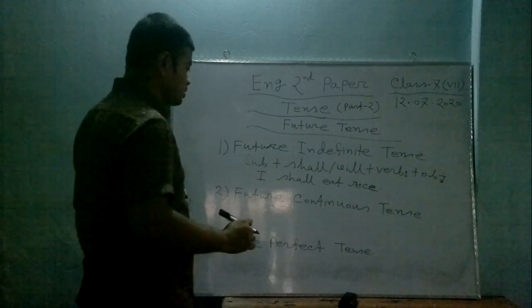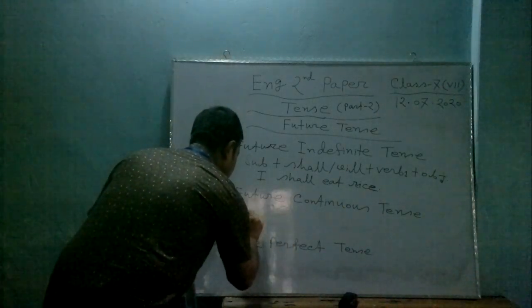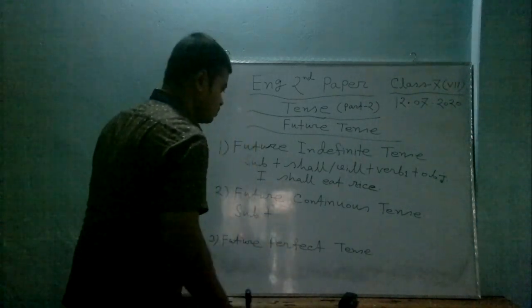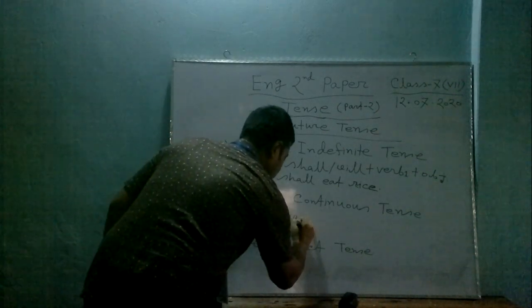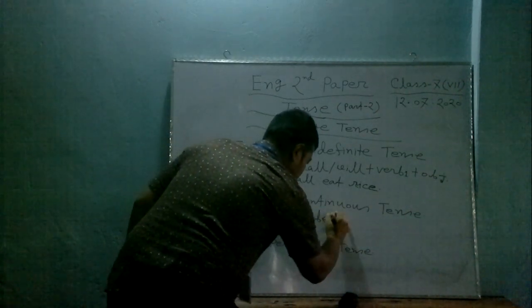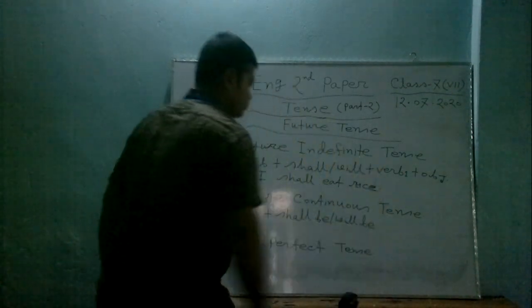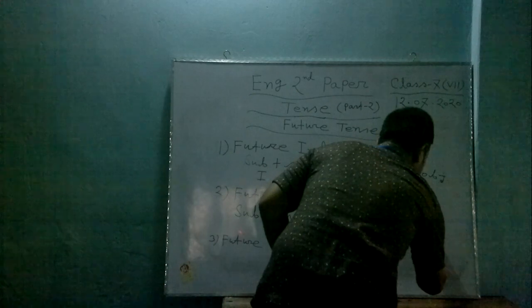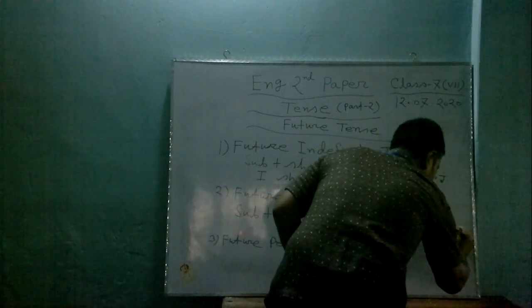Now we write the structure of future continuous tense. Subject plus shall be/will be plus verb with adding ing plus object.